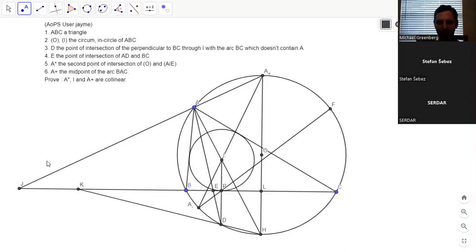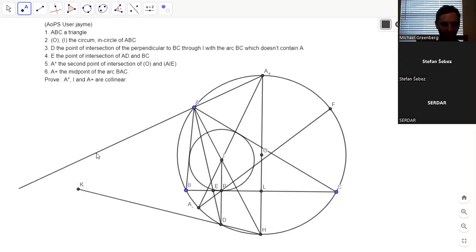So HD times HK is HL times HA plus, which is HB squared, which is HI squared. Okay, so once we know that, then we know angle HID is equal to angle HKI. And then from there, it's just angle chasing, I think, right? Okay.